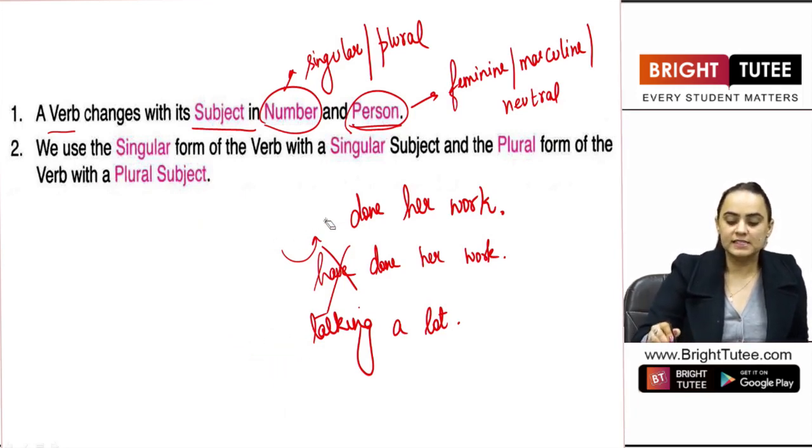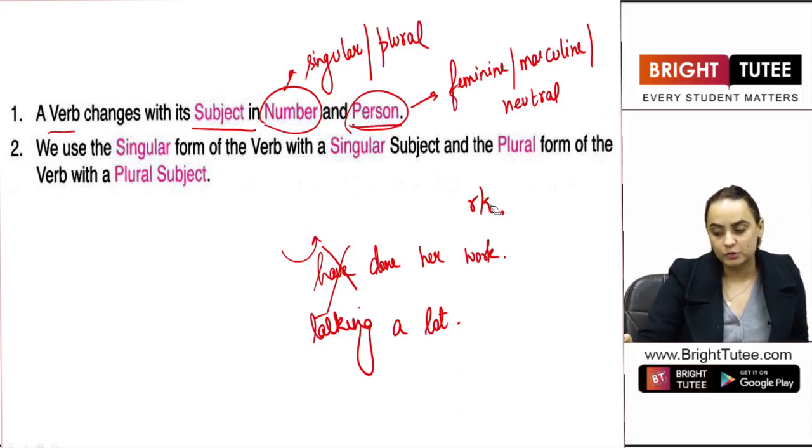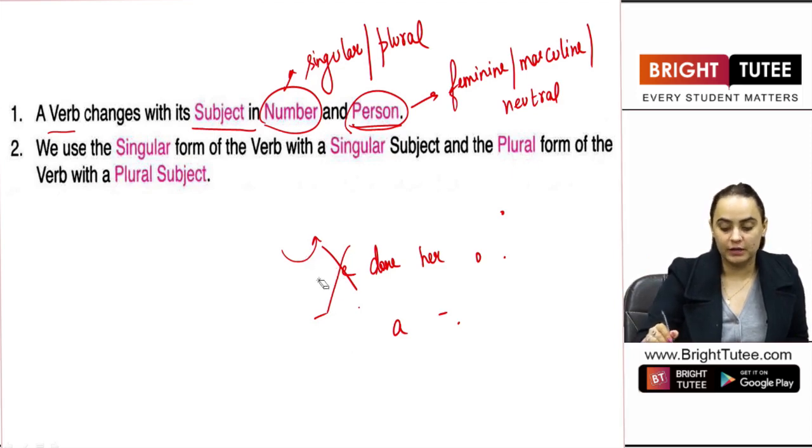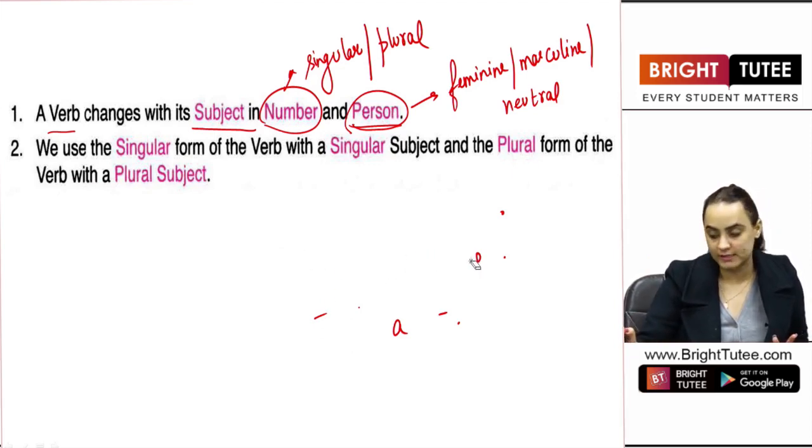Okay. The second one is again the same that we have just discussed. We use the singular form of the verb with a singular subject and plural form of the verb with the plural subject. Now there is one more thing that we need to keep in mind when revising the rules which are stated above.